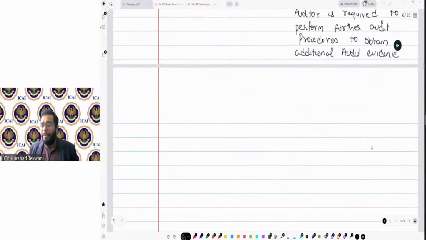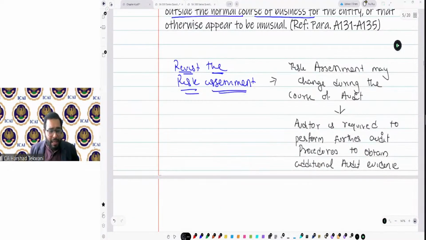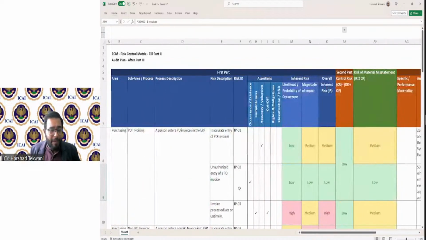Or, if new information is obtained which is inconsistent with the audit evidence the auditor originally relied on, then the auditor is required to revise the risk assessment and modify the further planned audit procedures. For example, in this scenario, I have identified fake invoices, I have identified fraud. Now I need to consider if this is a fraud with respect to unauthorized entry of invoices. I need to perform additional audit procedures with respect to vendor reconciliations. I may also check whether there are other vendors for which there are fraudulent invoices.